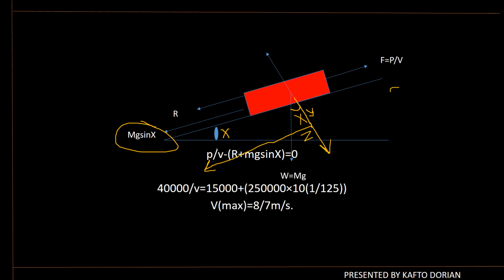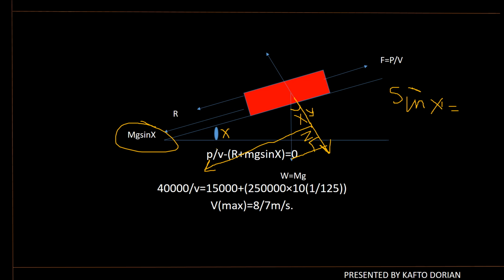I have sine x, because why is this sine x? Because here is opposite. This big line here represents the hypotenuse, so I can write it like that, right angle triangle, as you are seeing here.